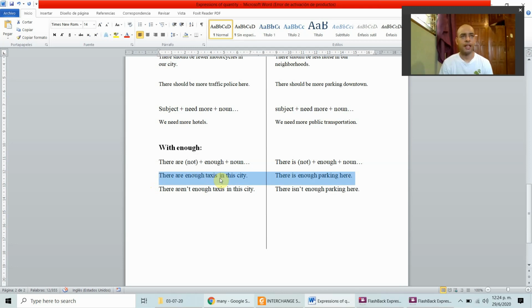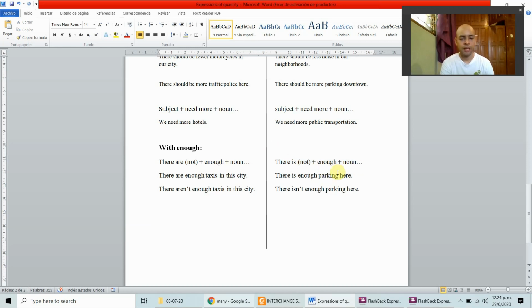You think that is the correct number of taxis. We don't need any more. If you think we need more, you say there aren't enough taxis in this city. You believe that the number of taxis is very low. We need more taxis. That's what you're saying.